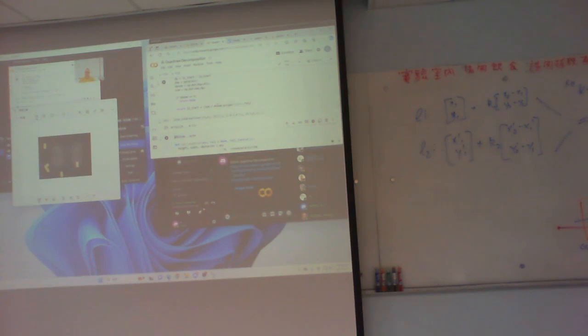This actually intersects, so this is correct. But I think I have the lines wrong because I have XY, but I expect YX. Yeah, so we'll have to change that.